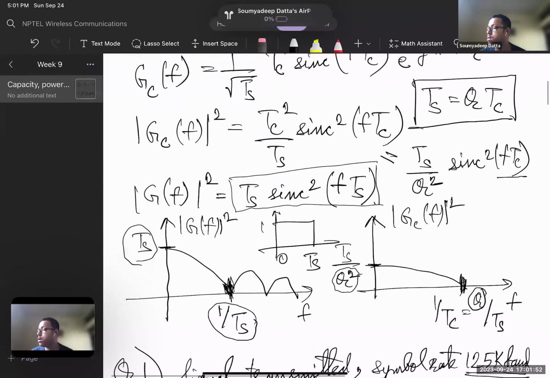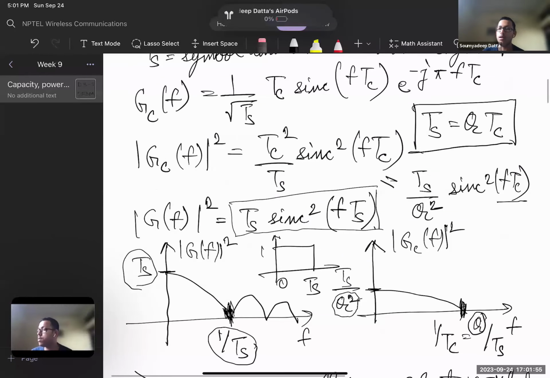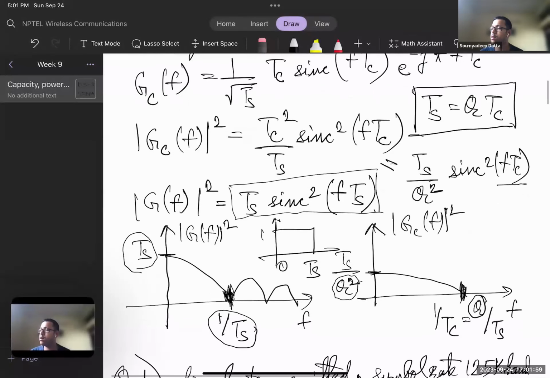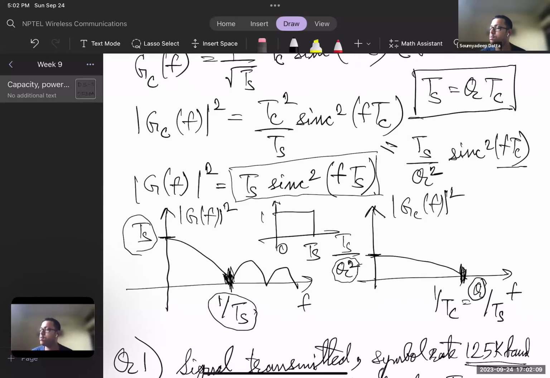And so if you just apply the formula and do the Fourier calculation, which is there in the lecture, you will see that the Fourier transform of this chip function has its amplitude lowered by a factor of Q squared, where Q is the length of your chip sequence.